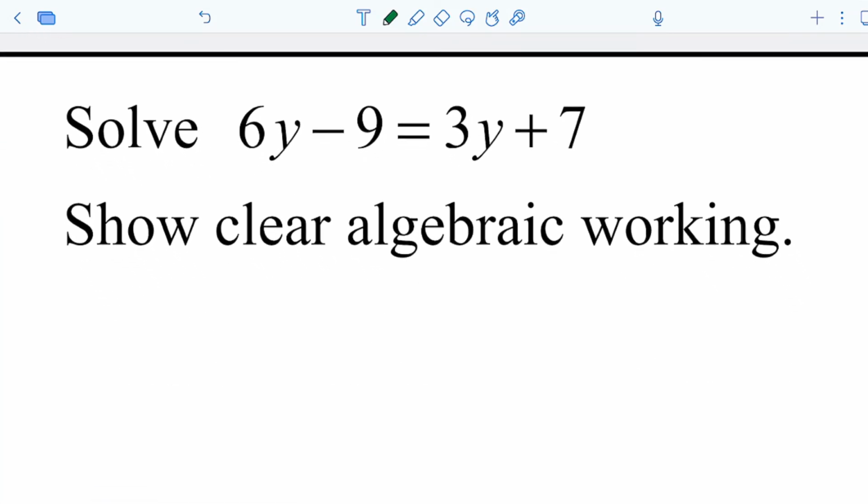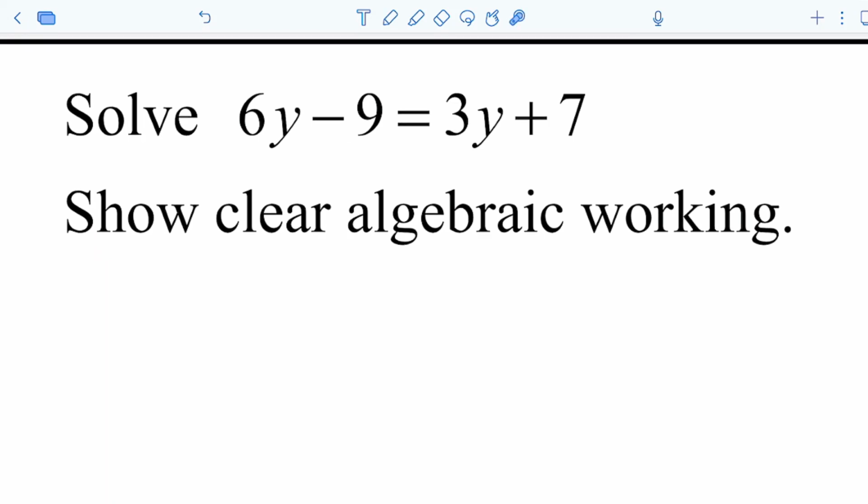Okay, so question 7, this time we've got a variable, y, appearing multiple times in the question. So when we've got this, we need to do something called collecting like terms, and when we collect like terms, essentially we end up at the end of it with only one set of y in the question.